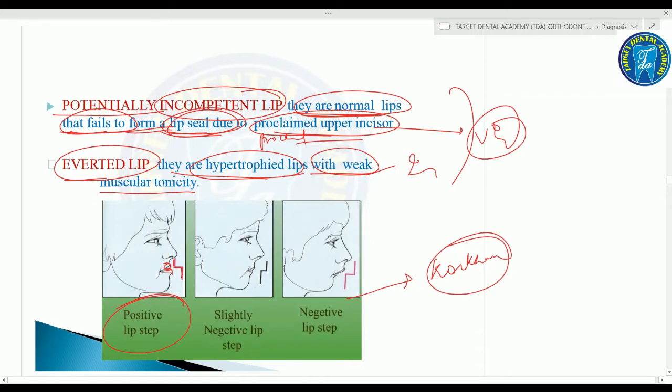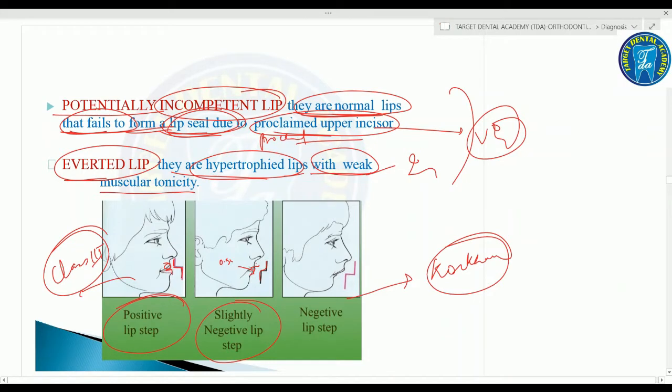The positive lip step is usually seen in class 3 patients, while a slightly negative lip step is one in which the upper and lower lips are almost similar, but the upper lip is 0.5 anterior to the lower lip.